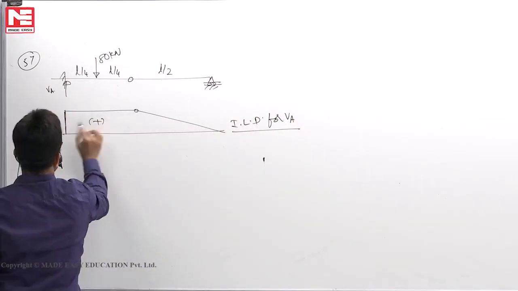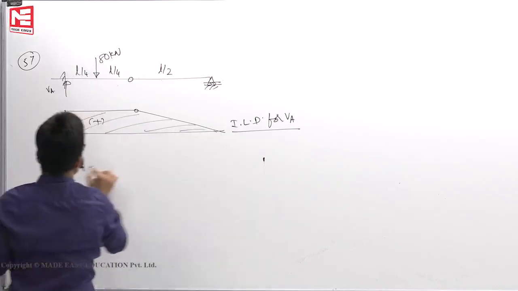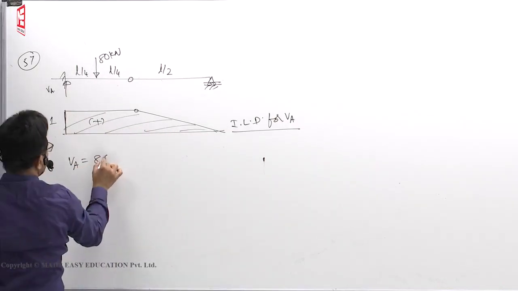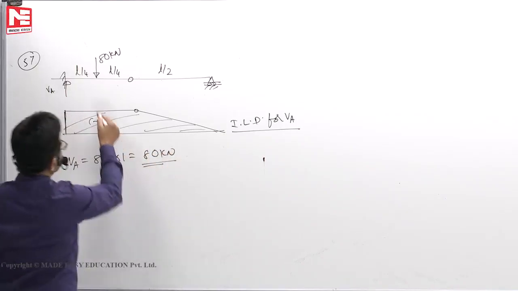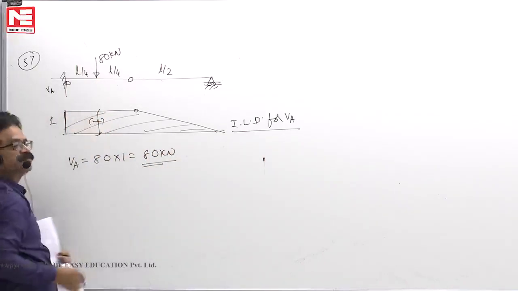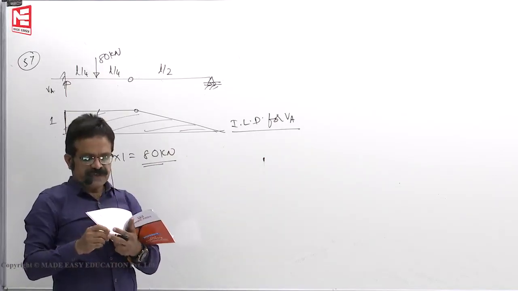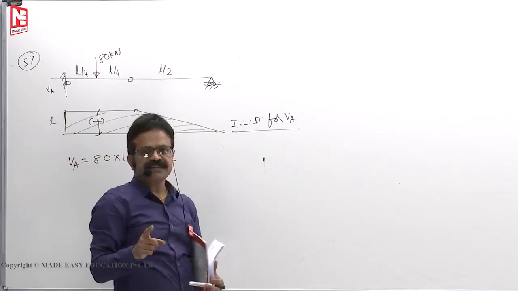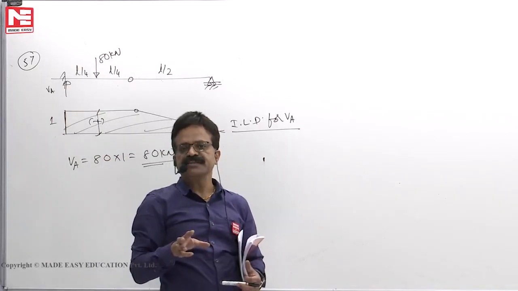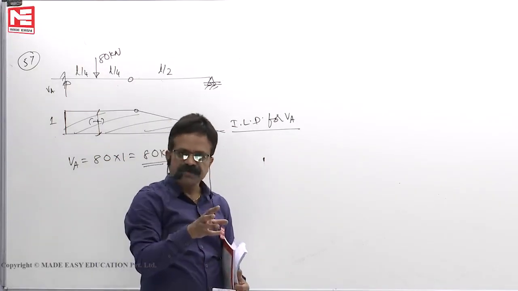Okay, plus. So VA how much? 80 into the corresponding ordinate. See, 80 into this ordinate. This one, as I told you, is Betti's reciprocal work theorem or Maxwell's reciprocal displacement theorem as taught in strength of materials.